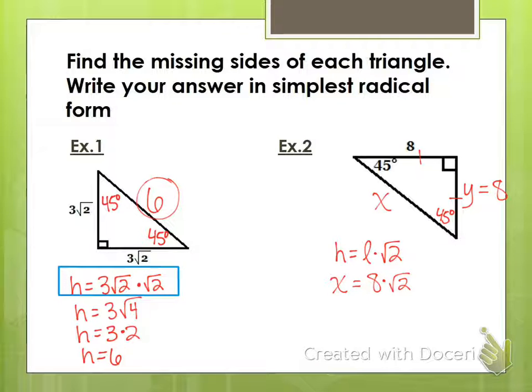Is there anything for us to simplify there? No. So that's all that it is: 8 root 2. If you want to label it with an X or an H, you can. Not completely necessary. So some of these you should be able to just go straight to your answer on. Some of them might take a little bit of work.